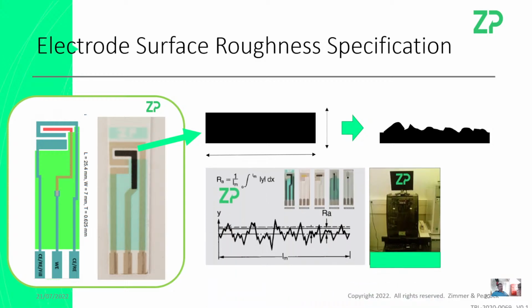So obviously at Zimmer Peacock, we do measure the roughness of our carbon prints, for example. And you can have two carbon electrodes that look identical, but if they're rough, the one that's rougher will end up giving you more sensitivity than the one that's smoother.